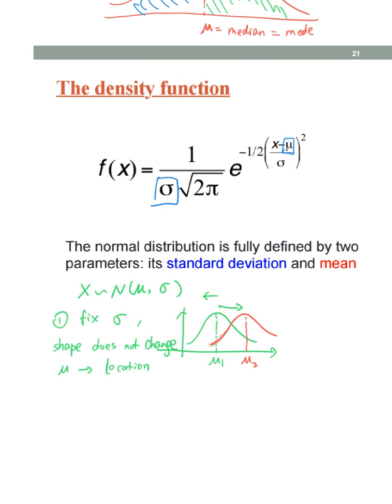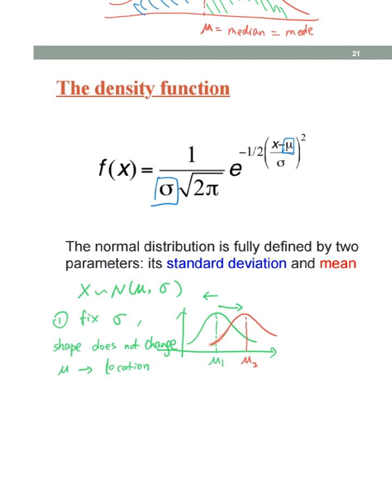If I change the mean value, I change the location. Sometimes I move it a little to the right, sometimes a little to the left. So if the standard deviation is determined, I cannot change the shape, but I can change the location.